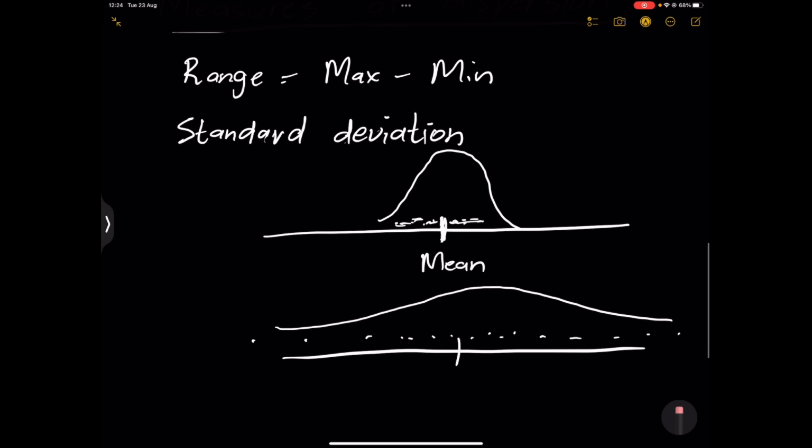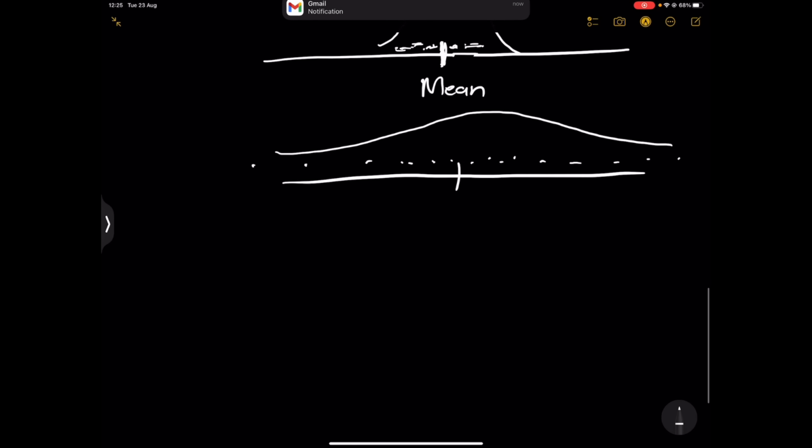Please note, the higher the standard deviation, the more your data is spread out. The lower the standard deviation value, the more your data values surround your mean.